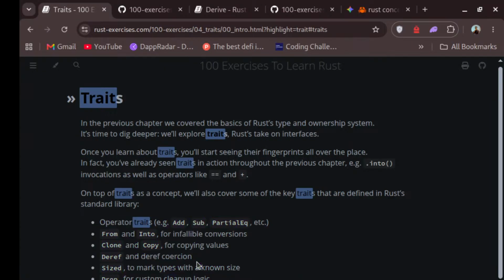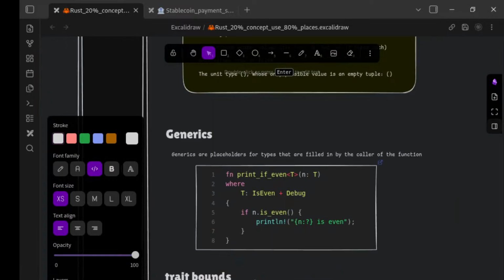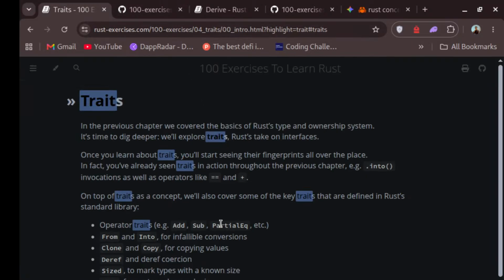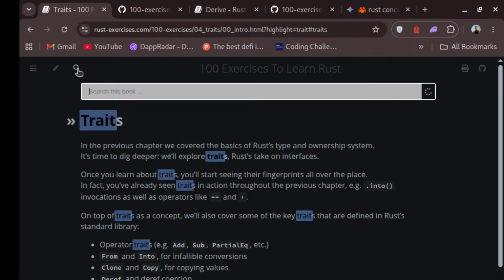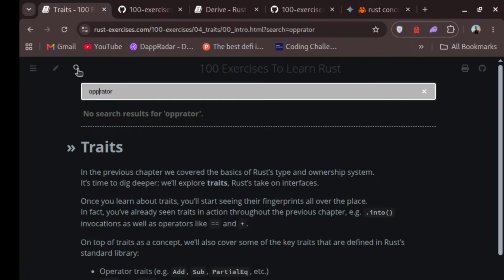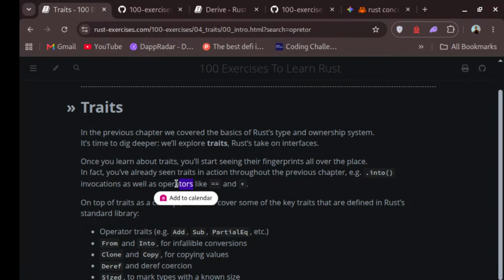If we want to use the previous trait, there are operators.